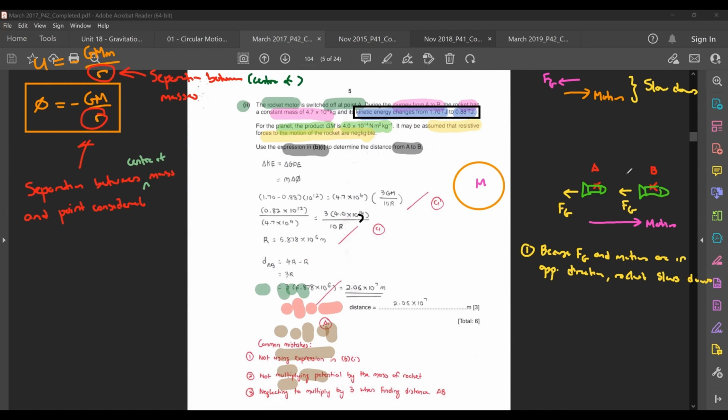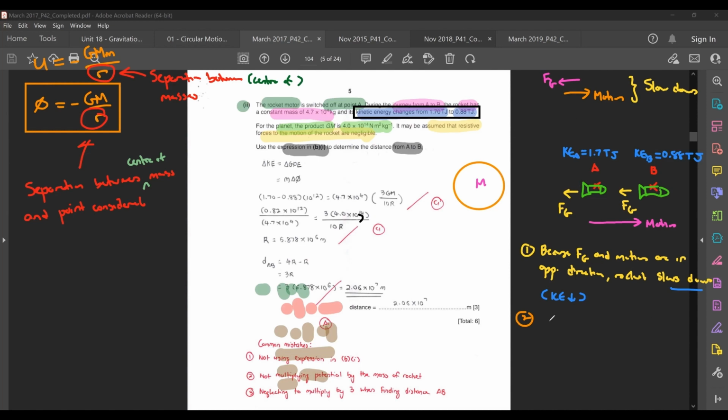So this one here, you will say that your KEA is 1.7 terajoules. And then your KEB is 0.88 terajoules. Okay, so your object slows down, your KE decreases. This is what we know. Then after that, what can you say about your GPE?